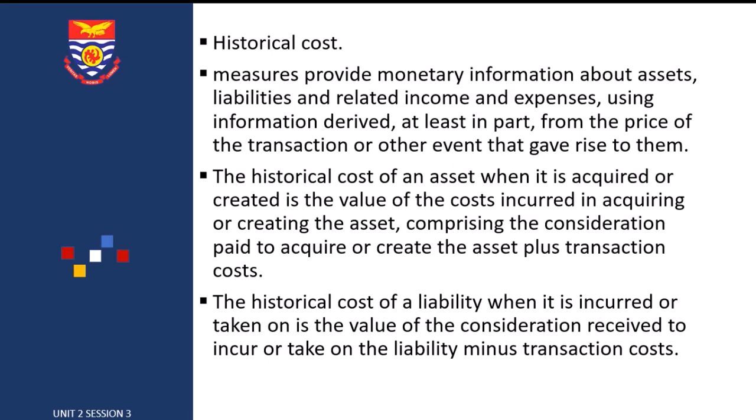The historical cost of an asset when it is acquired or created is the value of the cost incurred in acquiring or creating the asset, comprising the consideration paid to acquire or create the asset plus transaction cost. The historical cost of a liability when it is incurred or taken on is the value of the consideration received to incur or take on the liability minus the transaction cost.